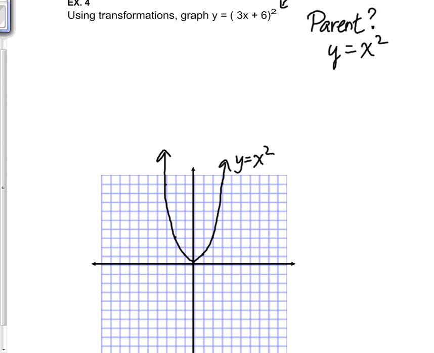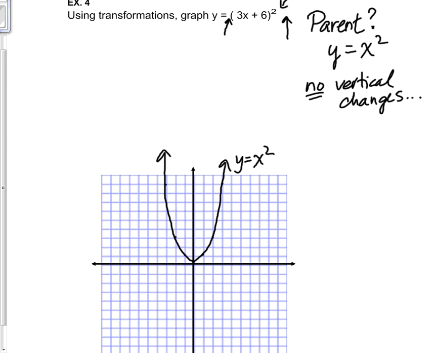And I'm going to work in order left to right. I notice that there is no multiplication number right there, and there is no add-on at the end. There are no vertical changes. They're all going to be horizontal in nature.